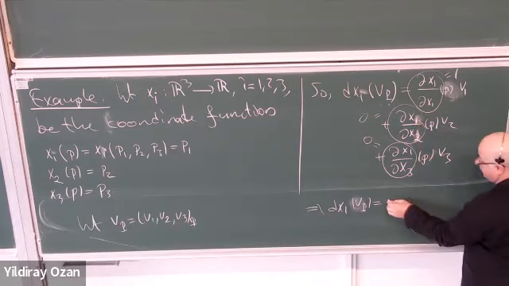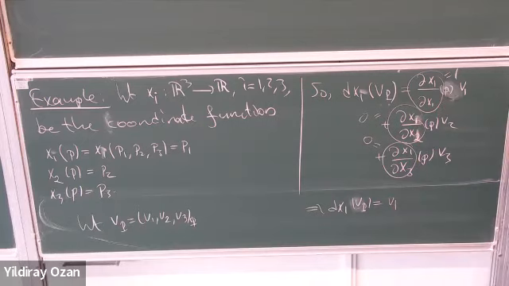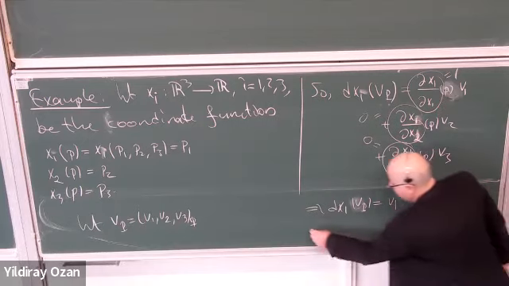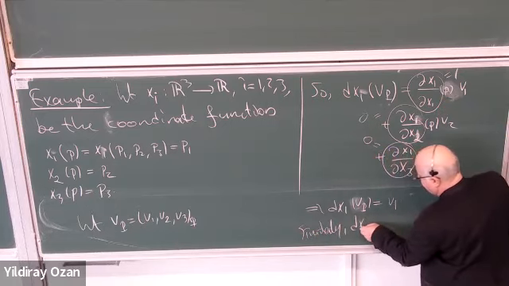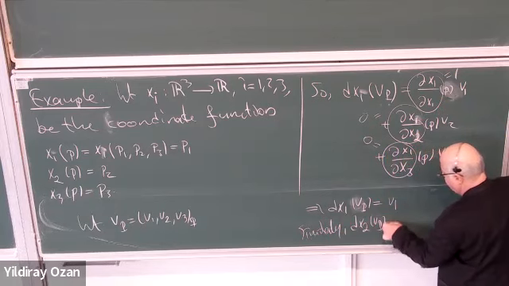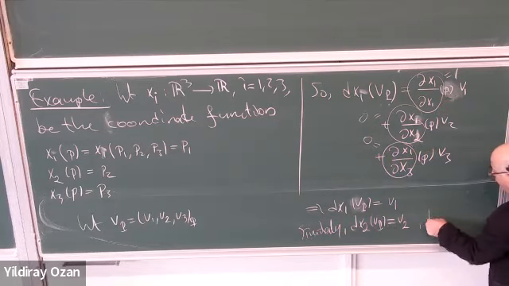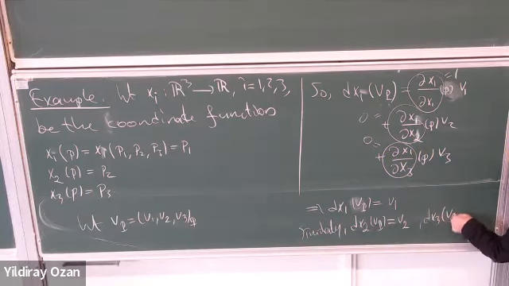So we just get v1. Similarly, dx2 of vp is just v2, and dx3 of vp is just v3.